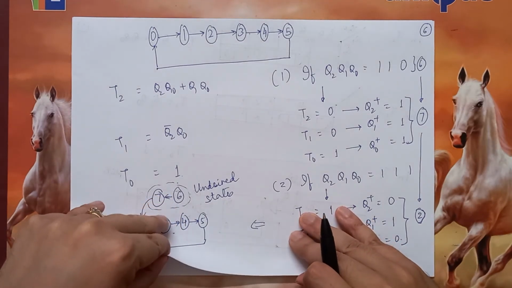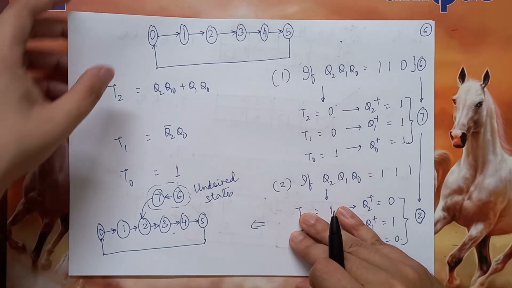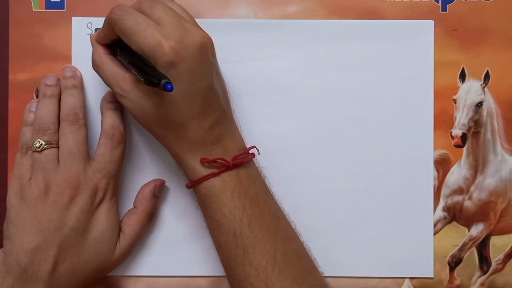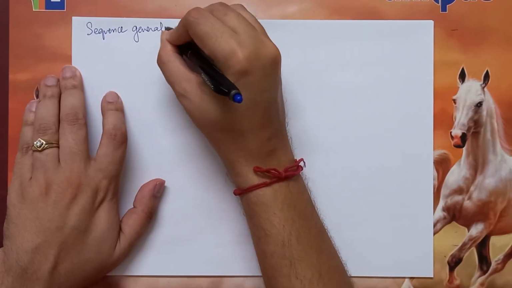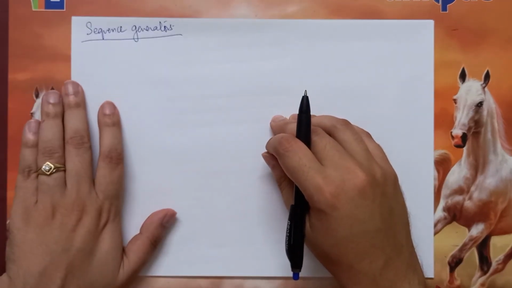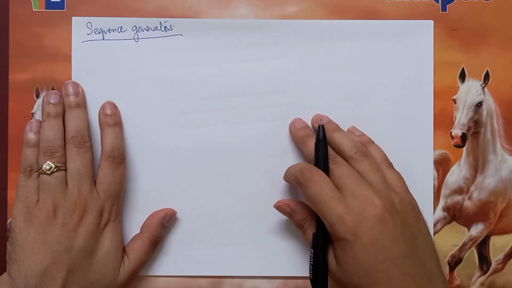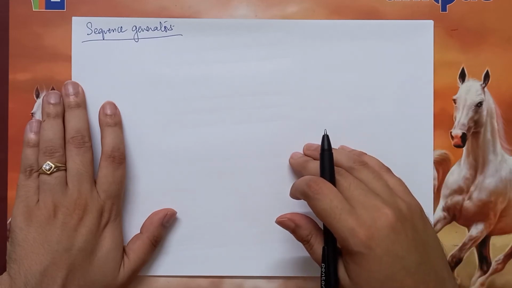Now, synchronous counters in general can be used to generate random counting sequences. We will call them sequence generators. Now let us say you want a counter which will count only the odd numbers or only the even numbers.